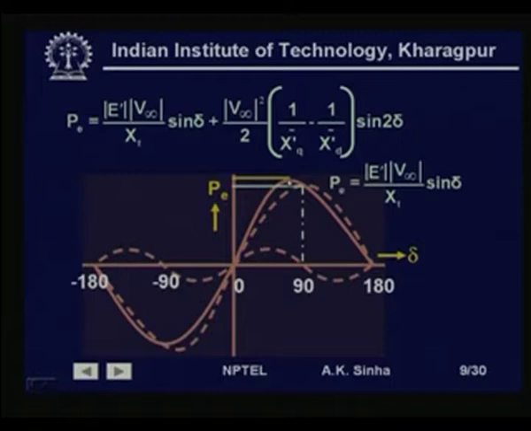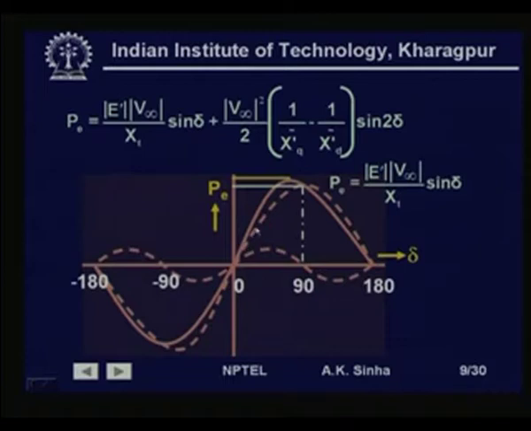Same thing can be seen for the salient pole machine. Here also we will get a P max value, and this is the value which we call the steady state stability limit. And what we find is that as we keep moving on this power angle characteristic, the synchronizing coefficient, that is the slope, is positive up to the P max value, that is up to the steady state stability limit.